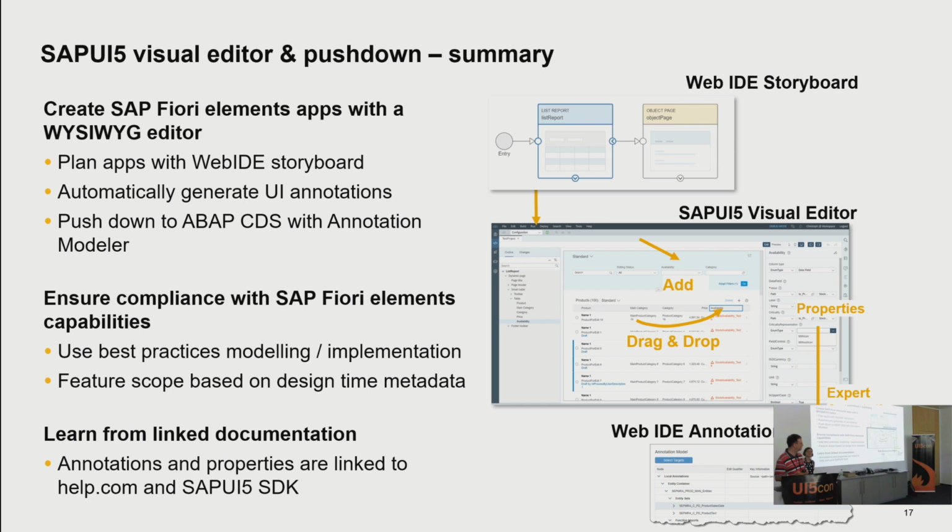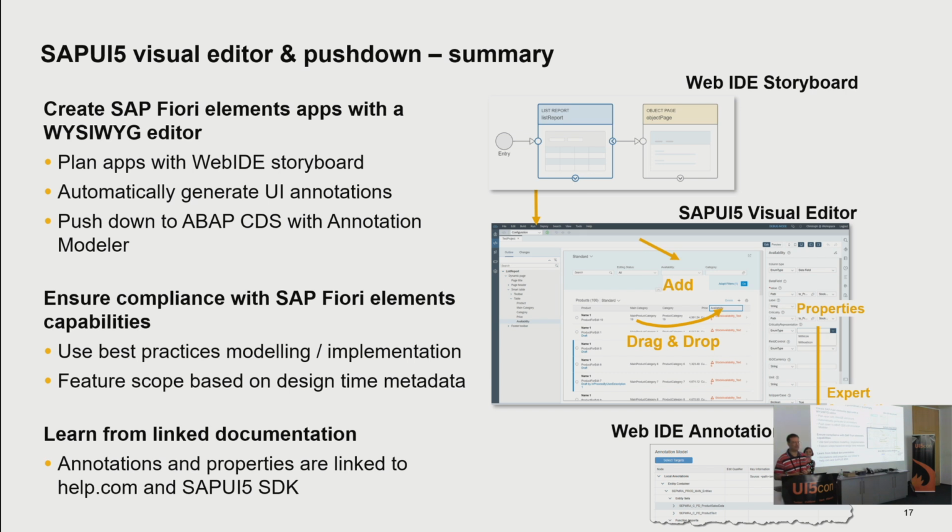And also the tool is built in a generic way, so that means we are not hard-coding the features of Fiori elements and the page types and floor plans into the tool, but we are reading design time metadata from UI5, so from the floor plans itself and from the controls, and they tell us basically what properties are available, so what annotation terms have to be used to drive that particular element on the screen.